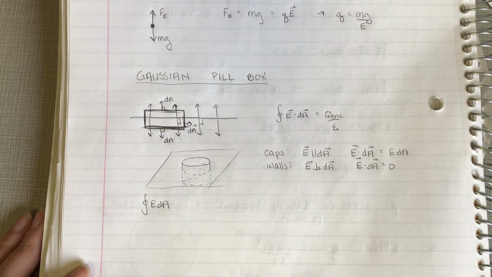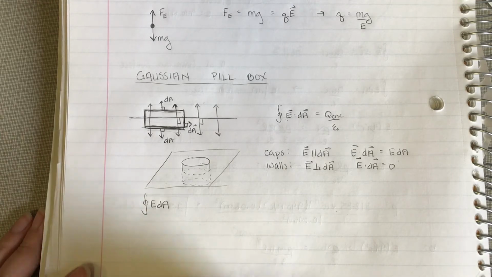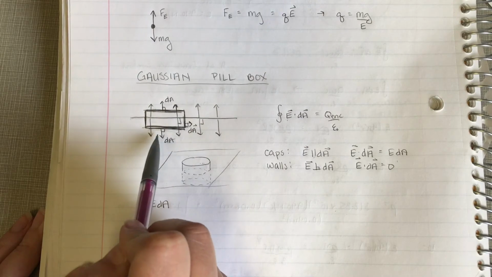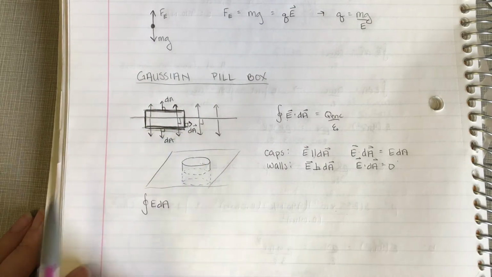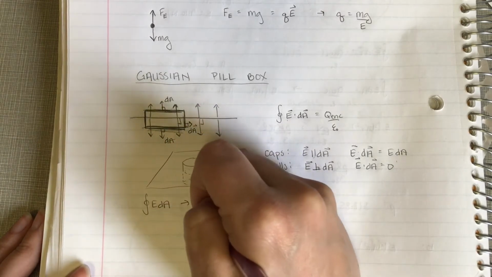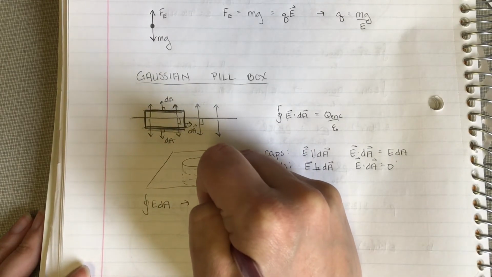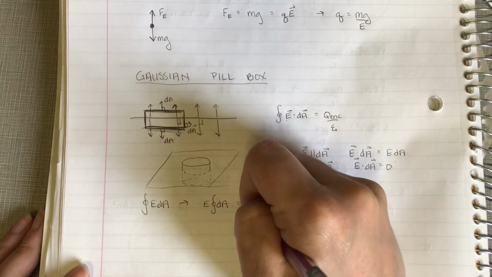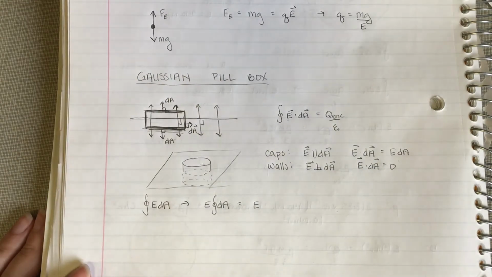And remember, the whole point of drawing a Gaussian surface is so that the electric field is constant all across your Gaussian surface, which for my caps is true. So I can pull my E out and get E dA. So that's going to be E times the surface area.